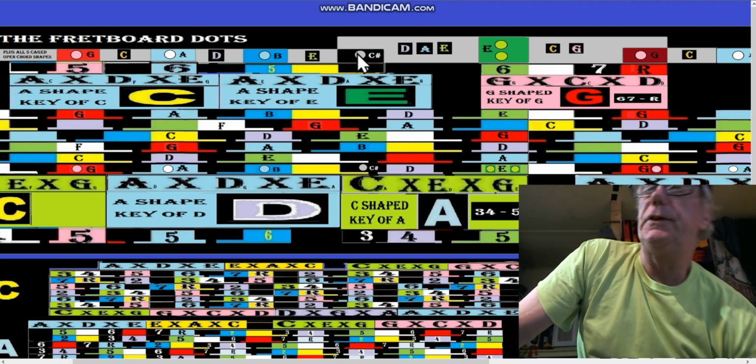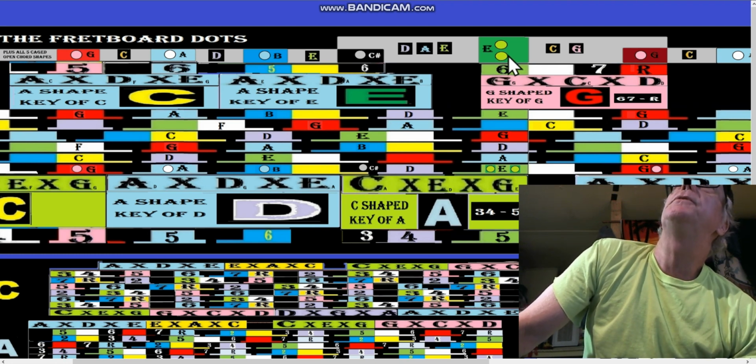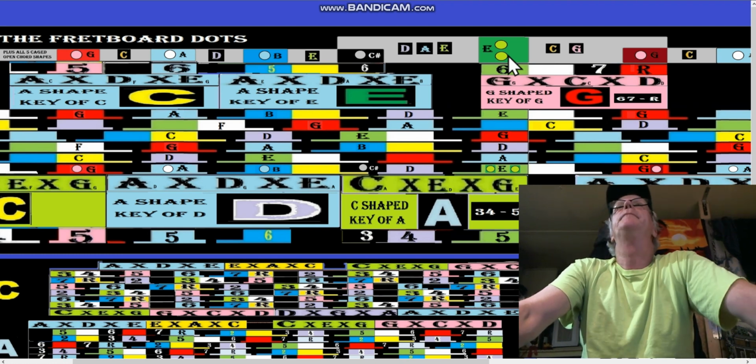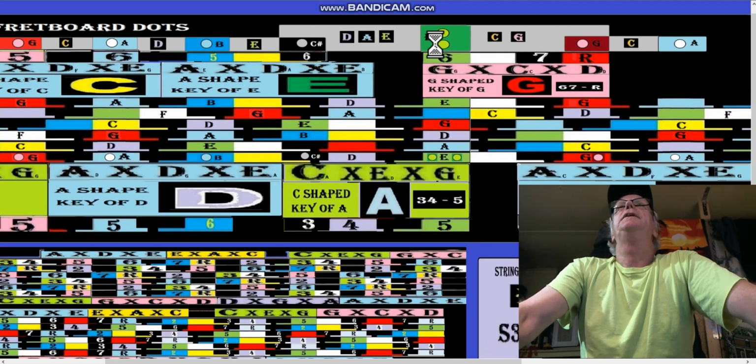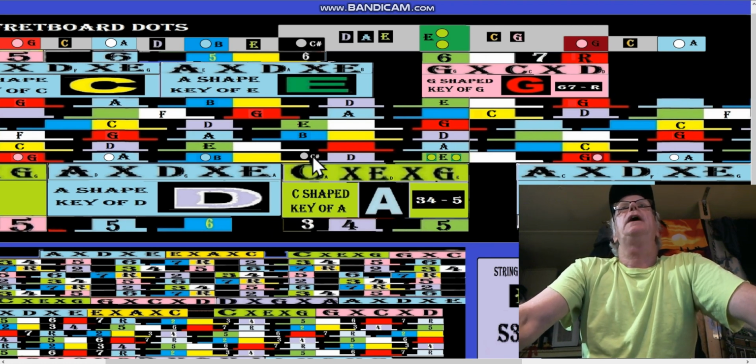That would be the 5th and the 6th in the key of E, so we can do an A shape there. Then from the C sharp to the E double dot, I found it helpful to look at that as an A shape. But watch out, we're not doing a 6th.